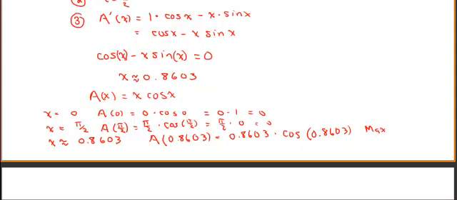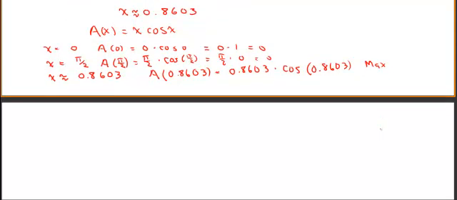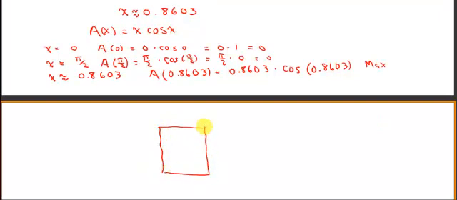Now to find the dimensions of the rectangle, if we draw it, the rectangle is going to be, and I should keep saying approximately, because that's not an exact answer, 0.8603 units wide, and this dimension is going to be the cosine of 0.8603.